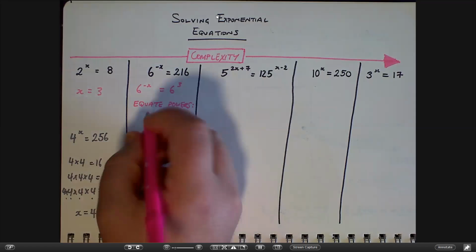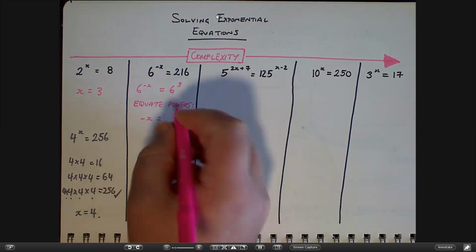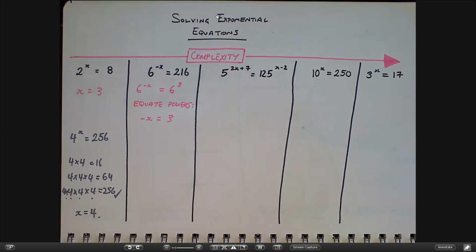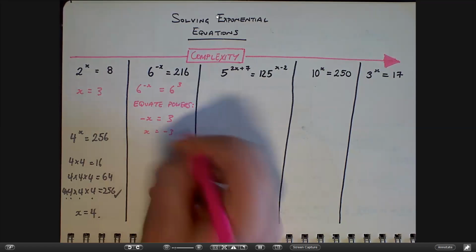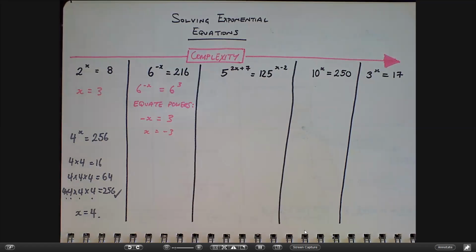So negative x must be the same as 3, which means x must be negative 3. Hopefully that way is pretty clear. So the trick there is to, for the meantime, ignore that left-hand side, rewrite the right-hand side to the same base, and then set those powers equal to one another. We call this equating powers.